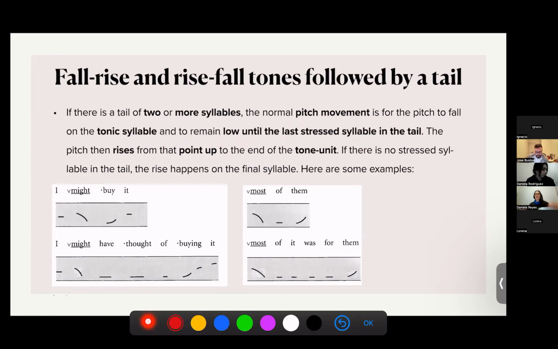So this is the tonic syllable, and it remains low until the last stressed syllable. This is a stressed syllable. Then the pitch rises from this point to the end of the tone unit.